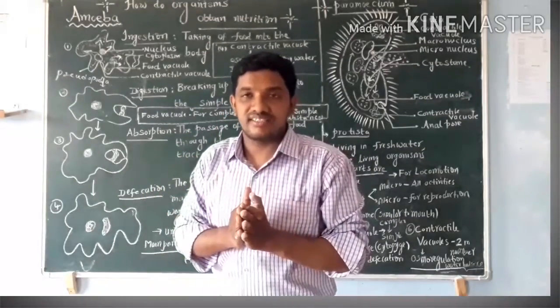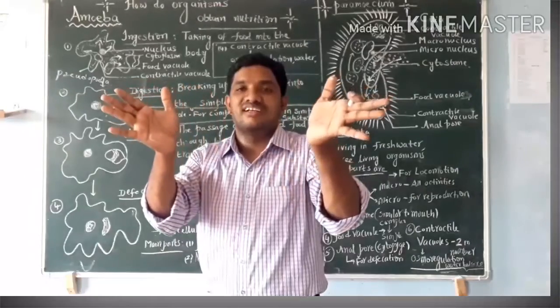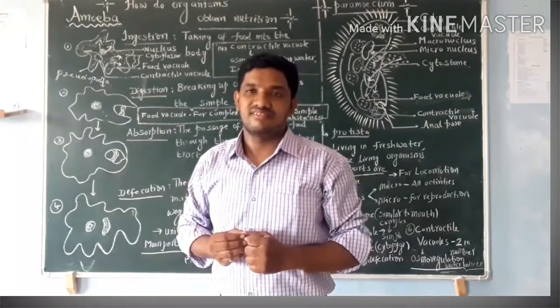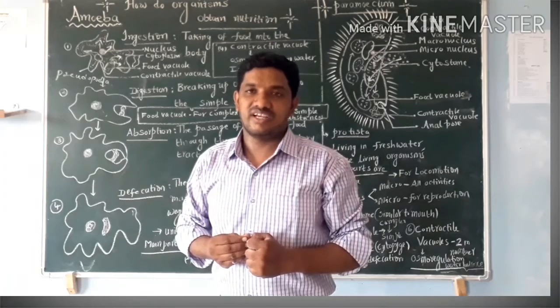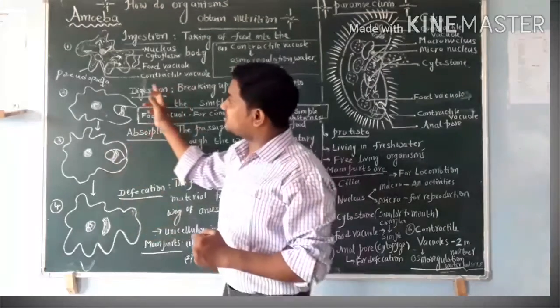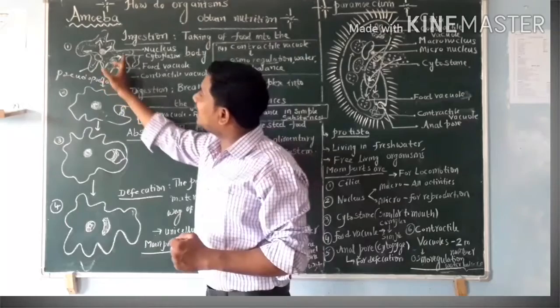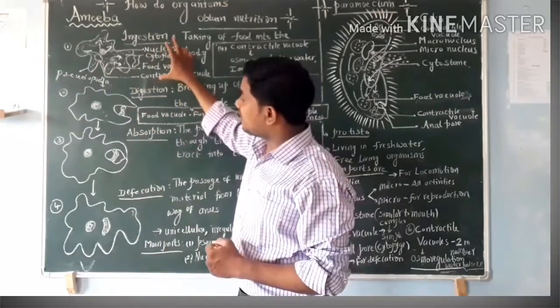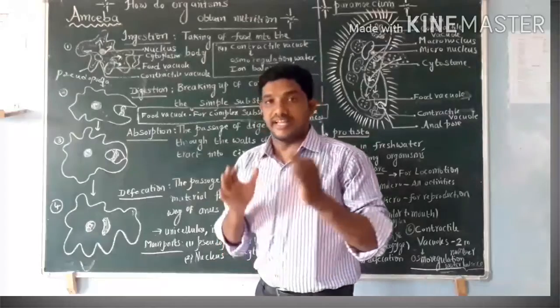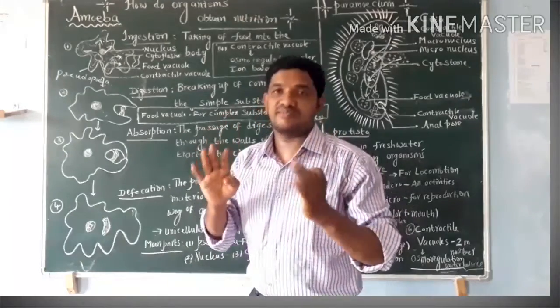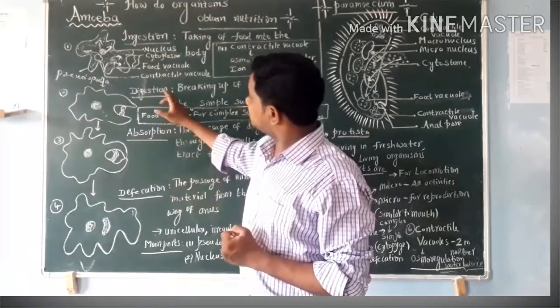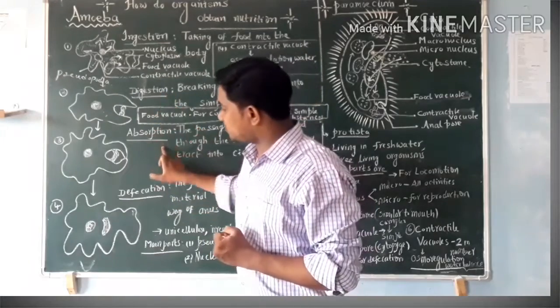These food materials are distributed into the cytoplasm. Okay. After that, it reaches the entire cell. This is the nutrition of amoeba. It has 4 steps. See, ingestion, next digestion, absorption, defecation.